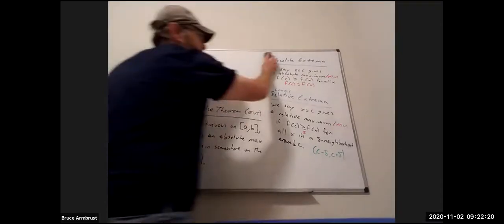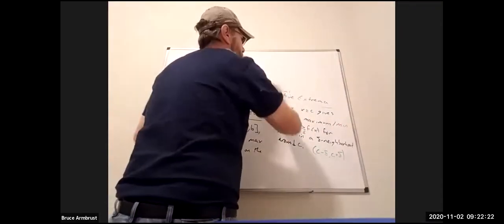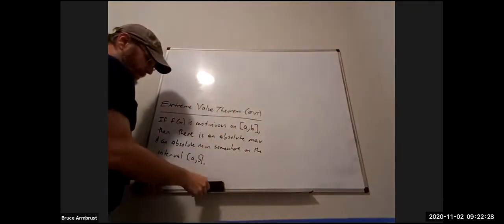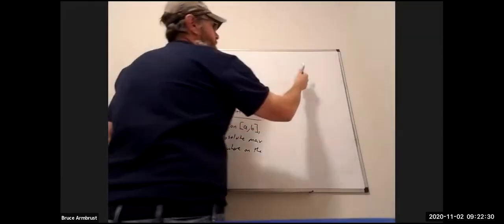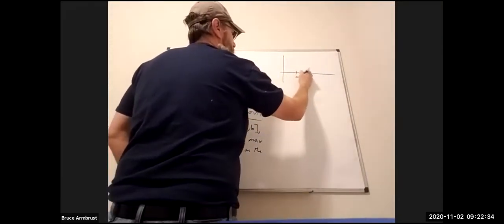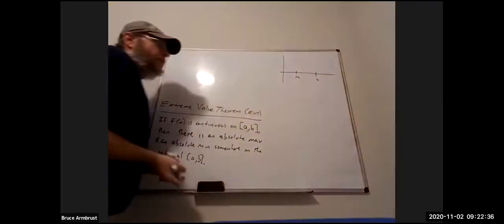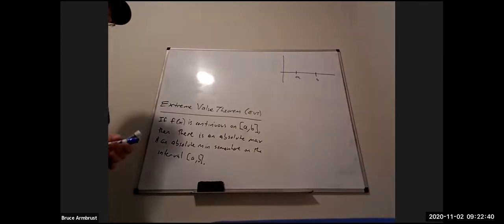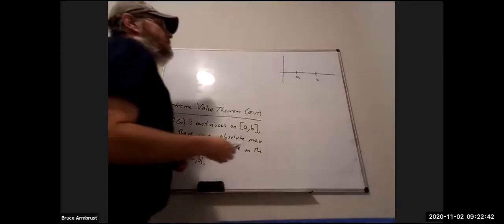So let me show you what we're talking about. So we'll do a whole bunch of different kinds of functions that are continuous from A to B. Okay, so here's some sort of a B. And all we need is a function that's continuous between A and B.